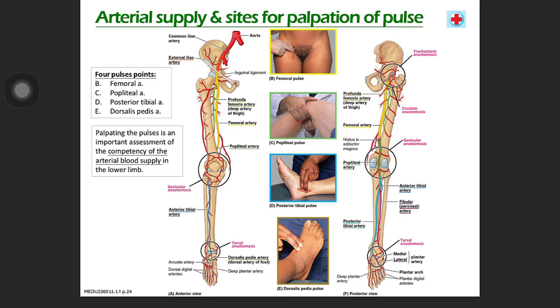So as I said, arterial supply is important, right? And also we need to feel the pulse. I give you an example here.